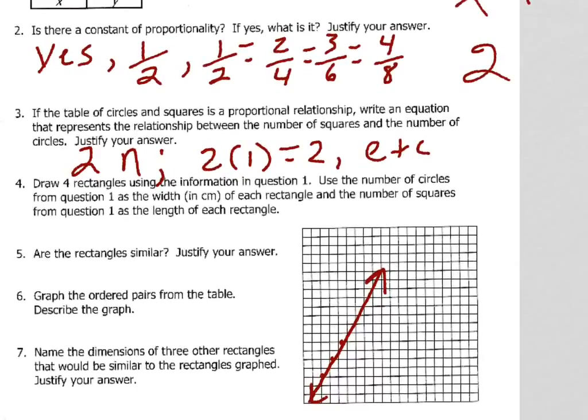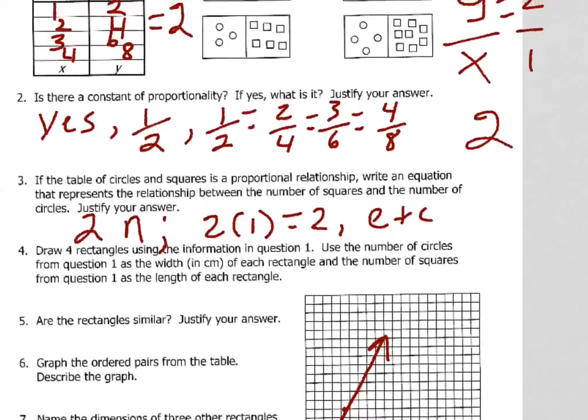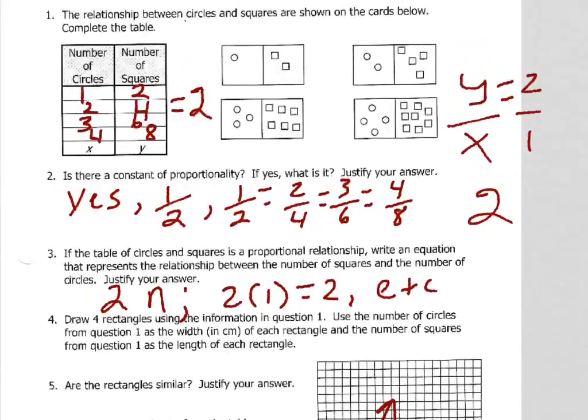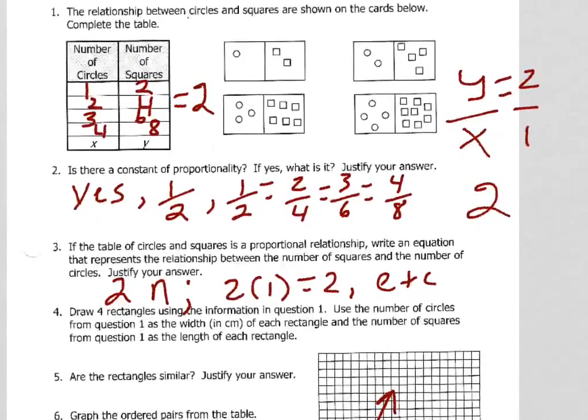Now what I want you to do is draw 4 rectangles using the information in question 1. So we want to go back up to question 1, and I want you to draw 4 rectangles and use the number of circles from question 1 as the width, which means we're going this way. Then the number of squares is the length.